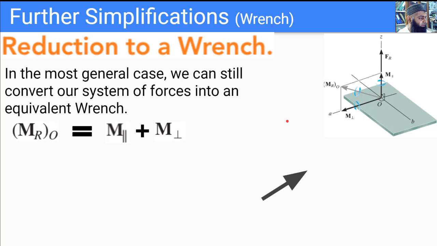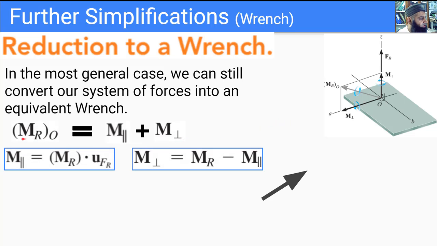So in the end, first of all, the first step we do is that we write our couple moment as a perpendicular component and a parallel component. The parallel component is just given by the dot product of the moment with the unit vector in the force direction, and the perpendicular component is just the total moment minus the parallel component.